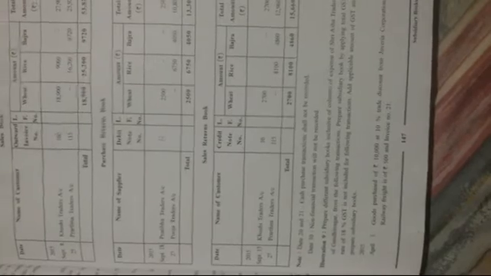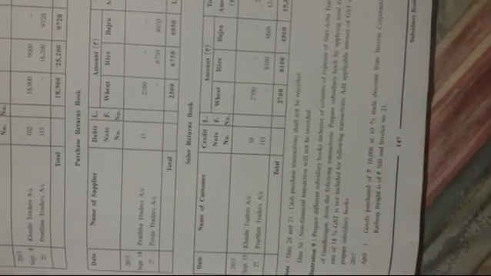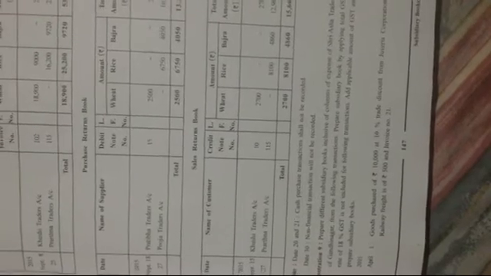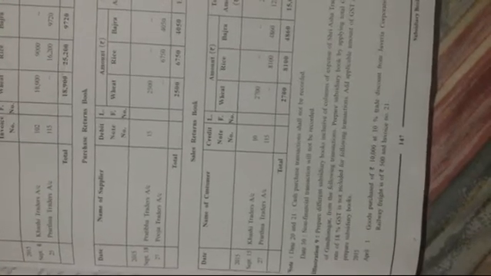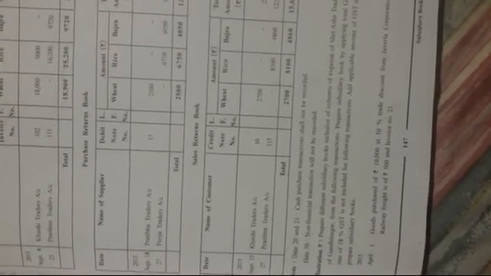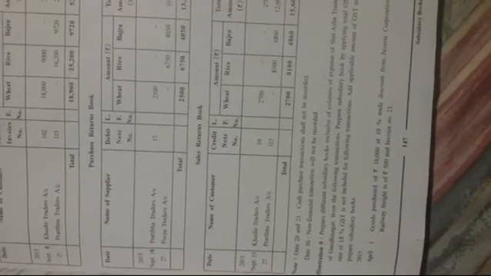So here, first of all, you have to prepare all the formats: the format of the purchase book, columnar sales book, columnar purchase return book and the columnar sales return book according to goods and expenses.